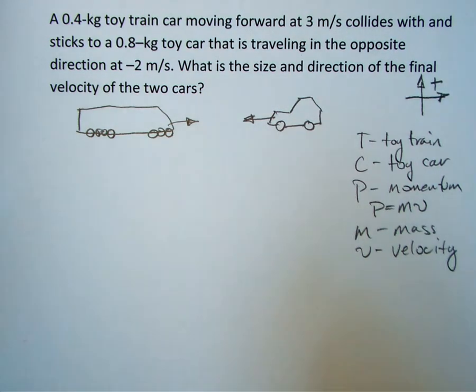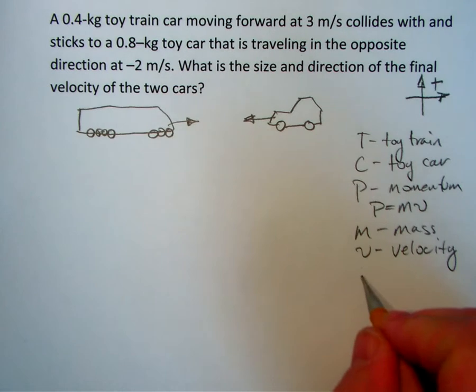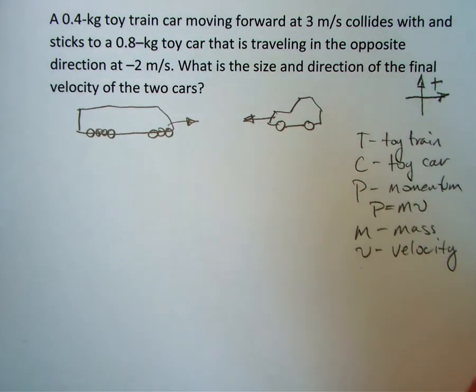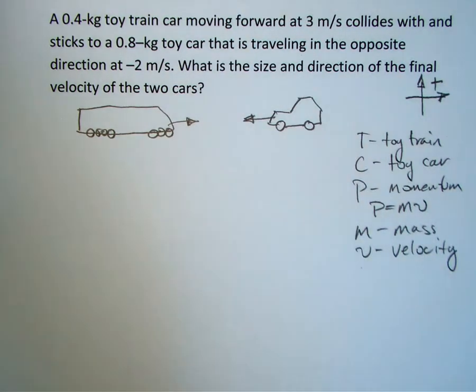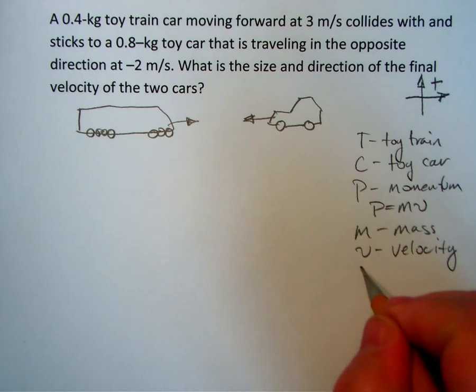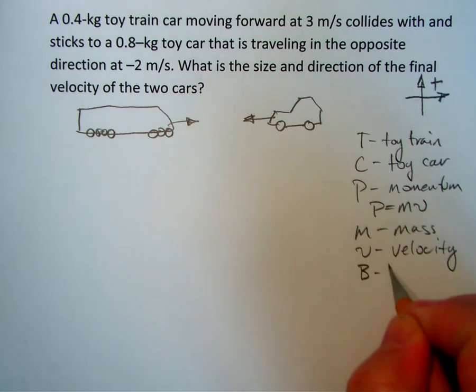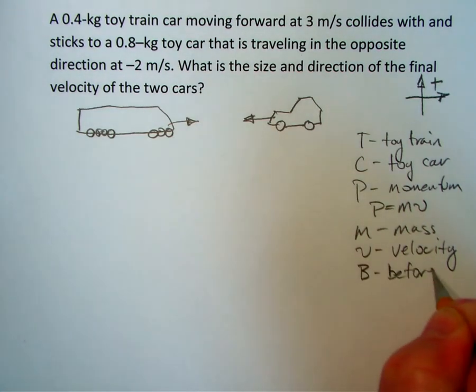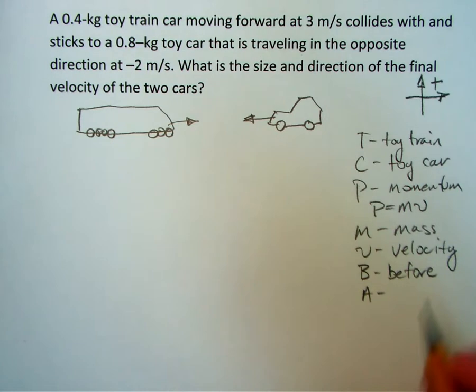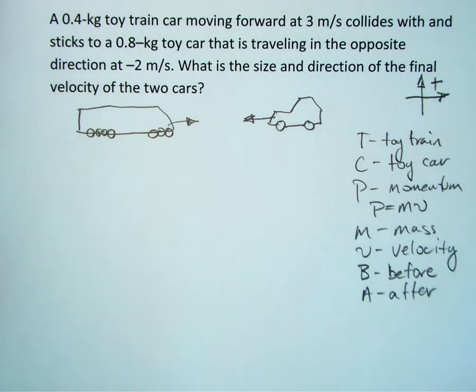Last time we worked a problem, we said initial and final. Let's change it up a bit and say before and after. Same thing, different terms, just to help you out in case you're looking at different solutions or different people are helping you.